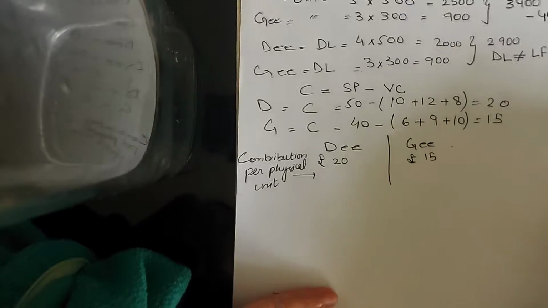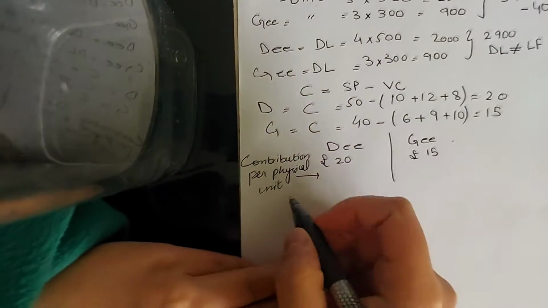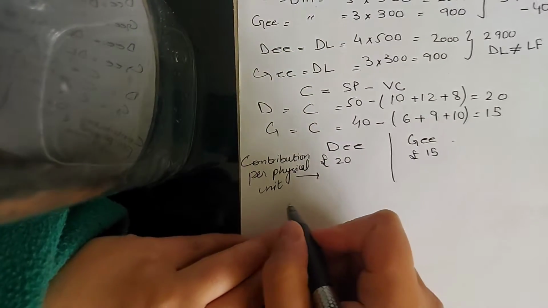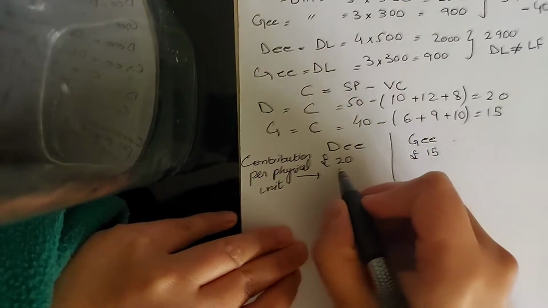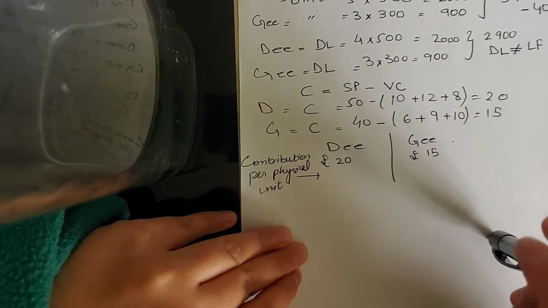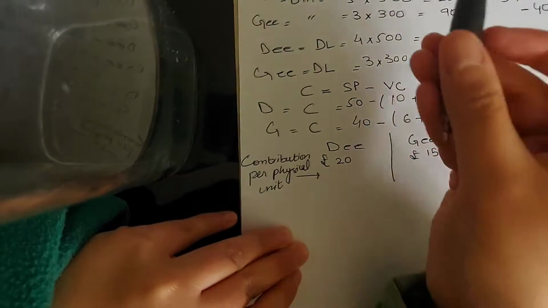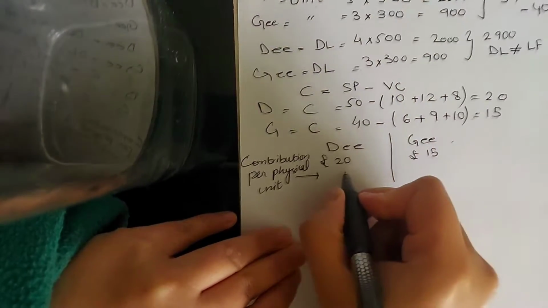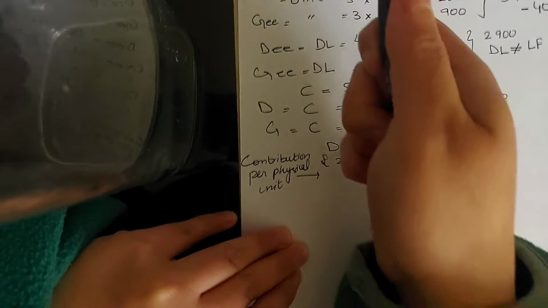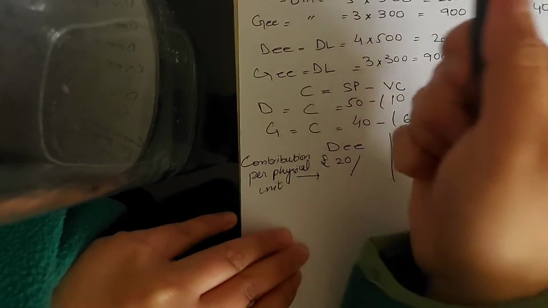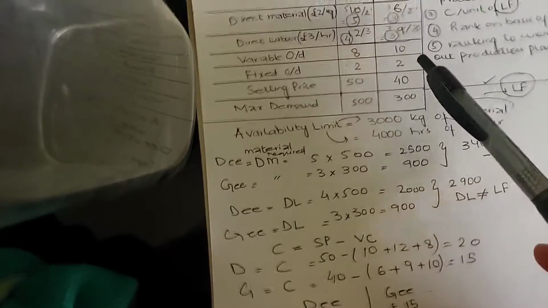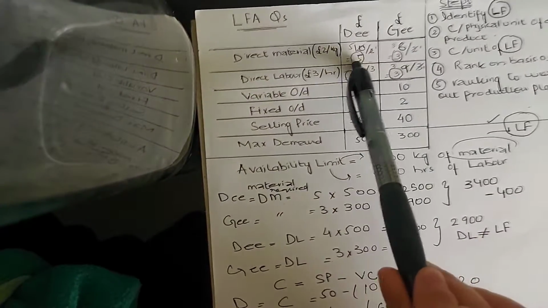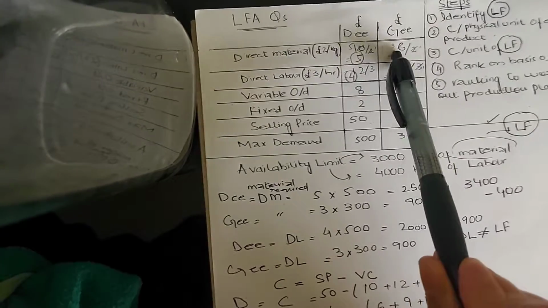How will we do that? For the contribution per limiting factor, as we can see, we already have found the contribution here. Now we need to use the material required here, 5 and 3.